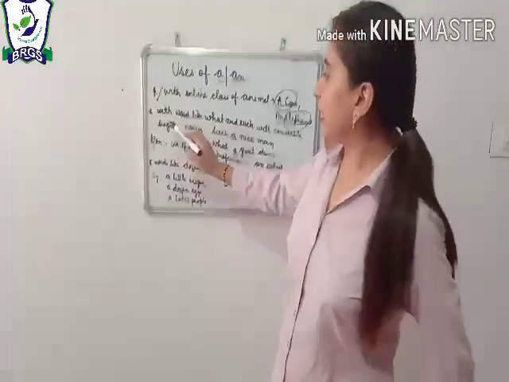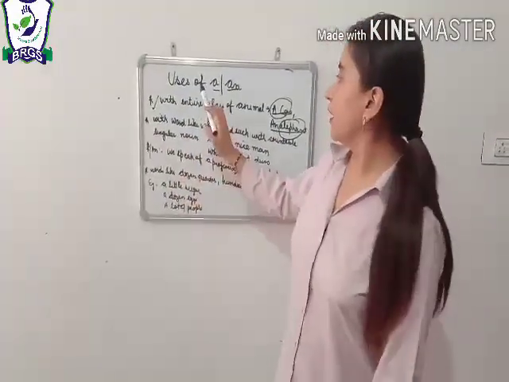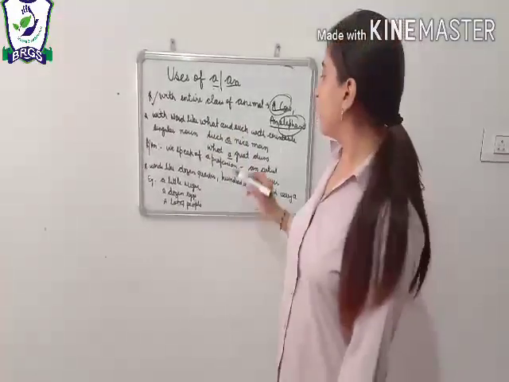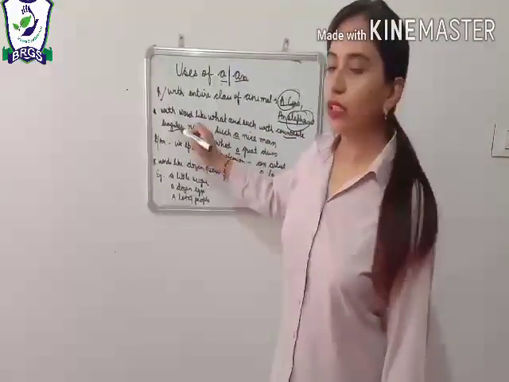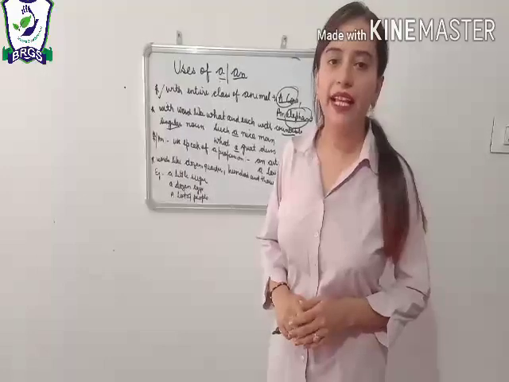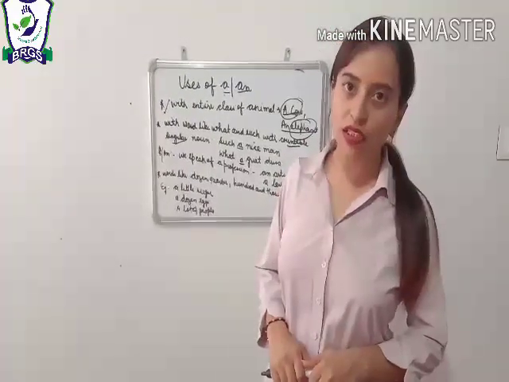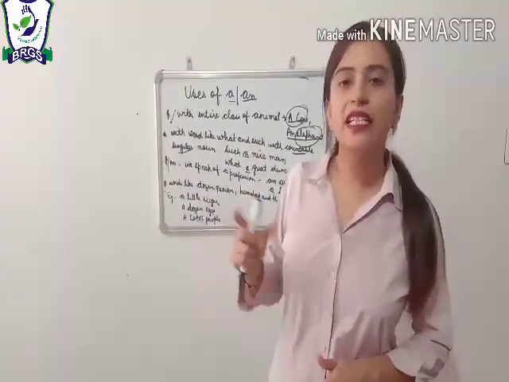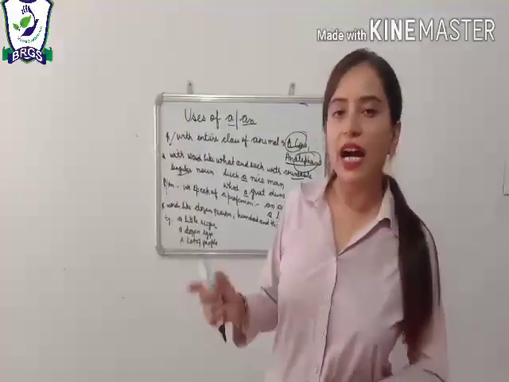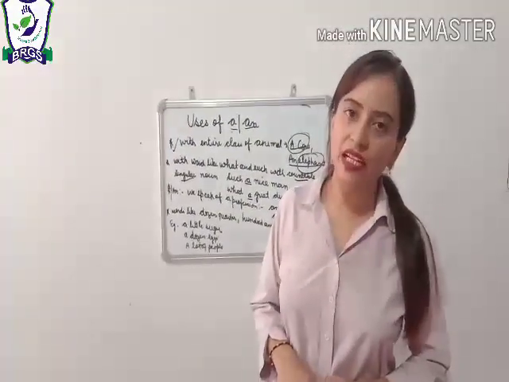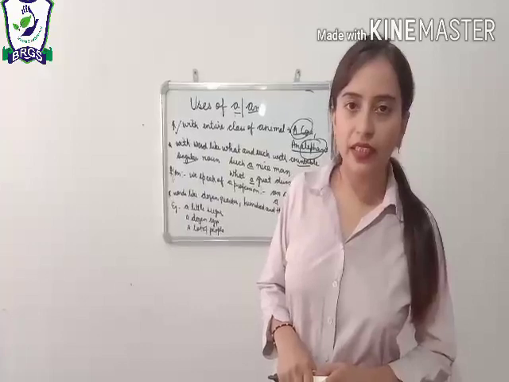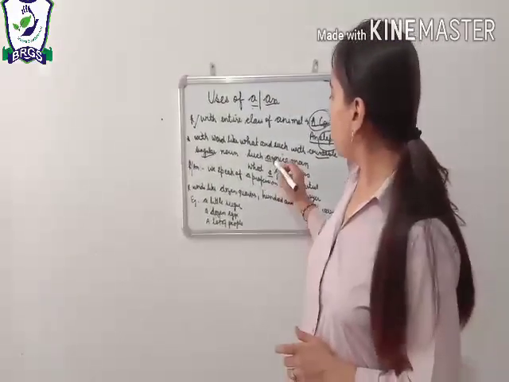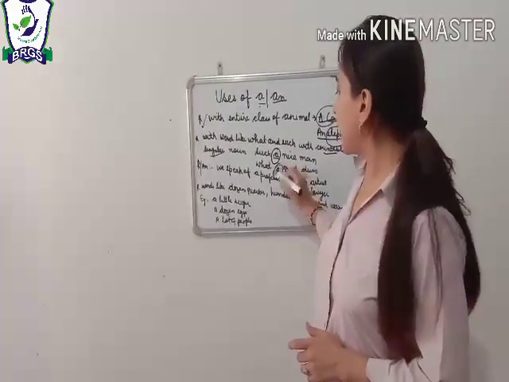Got it? Next, as you know, we are using a and an with countable singular noun. But when these countable singular nouns are used with words like such or what, then we will always use a as article.